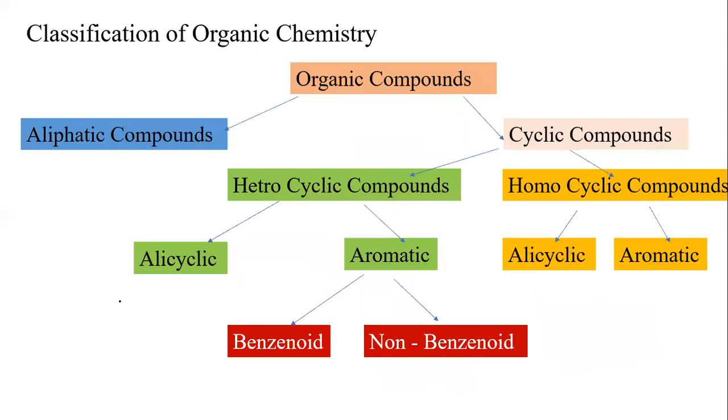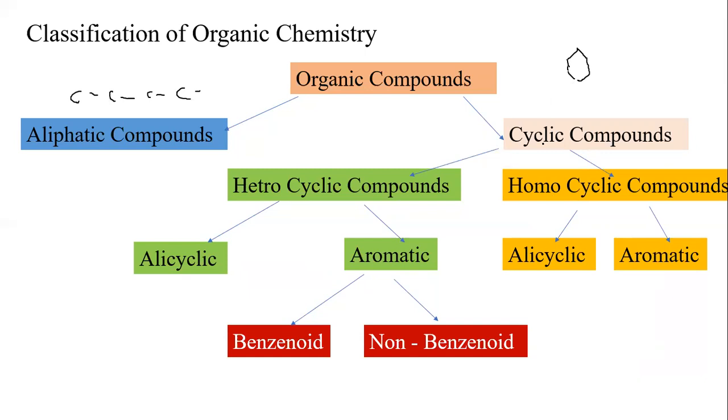So let us see the classification. Overall we have seen the historical background of organic chemistry. Now let us see the classification of organic compounds. Remember, students, there are two types: aliphatic and cyclic compounds. In aliphatic compounds we see only straight chain compounds, carbon, carbon, carbon, like this. Cyclic compounds include benzene and other ring compounds.